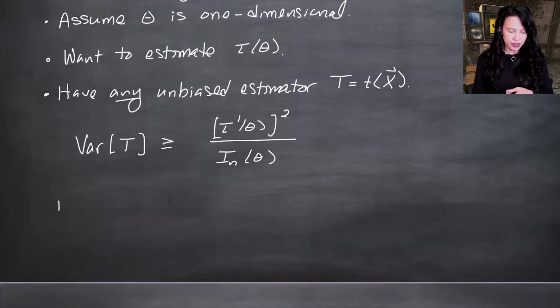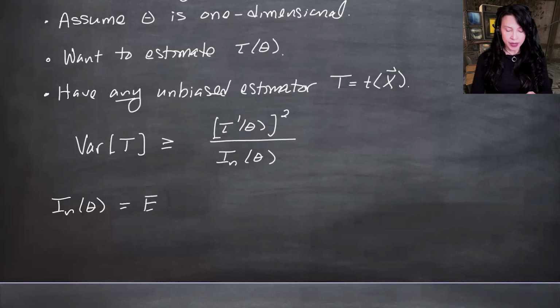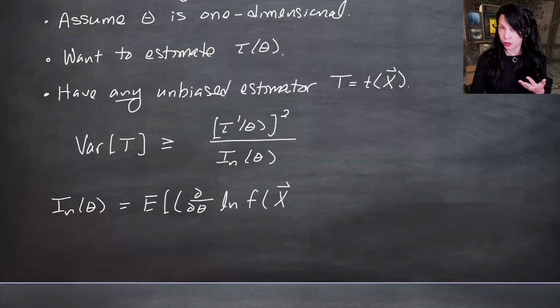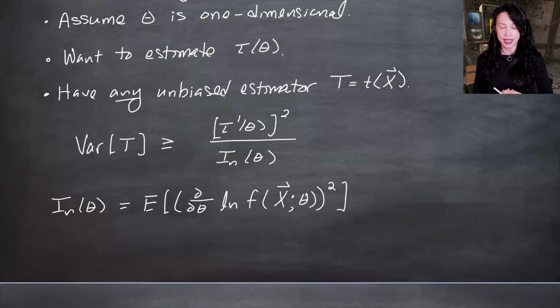And this Fisher information term is named after a statistician named Ronald Fisher. It is the expected value of the derivative with respect to theta of the log of the joint PDF with the capital X's plugged in so that there is randomness and theta. And we're going to square this whole derivative and then close this expectation.